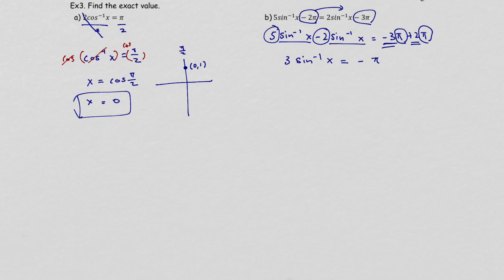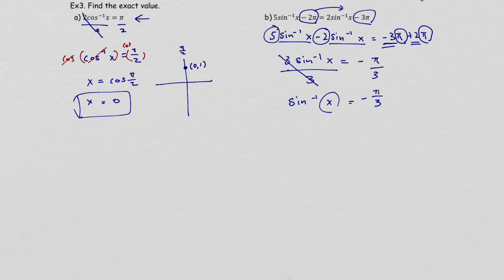Now, this is similar to where we started the other problem, so let's divide both sides by 3 to isolate the inverse of sine on one side. And then basically, if you don't want to multiply by sine to get rid of sine inverse, you are looking for the angle, right?